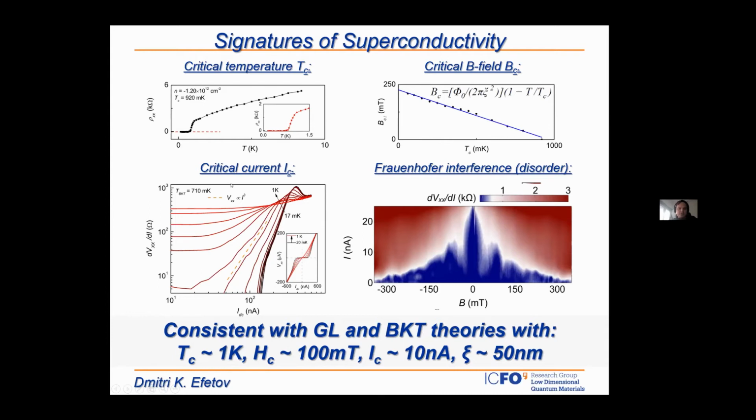We see a critical current in the nonlinear conductance measurements. And I think so far the most striking evidence for the superconducting states is the Fraunhofer interference pattern, which many groups have reported. It is believed that there is Josephson junction formation in the system because of some phase separation, and this phase separation is believed to be disorder-induced.